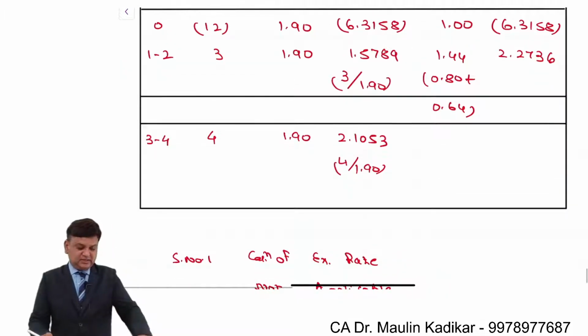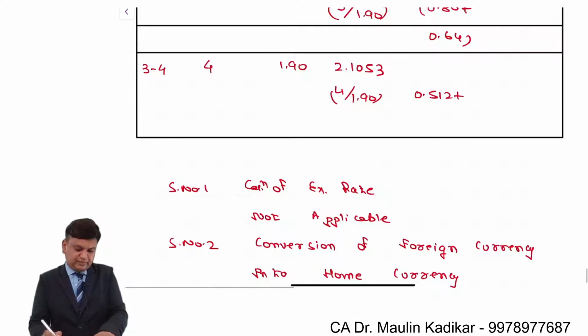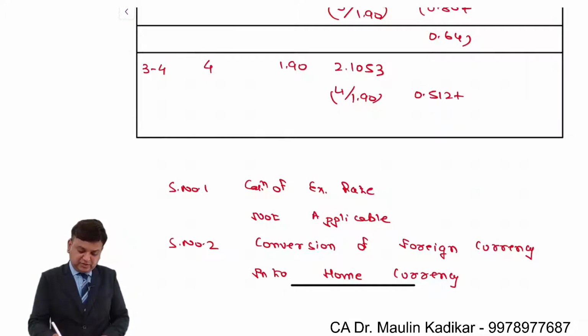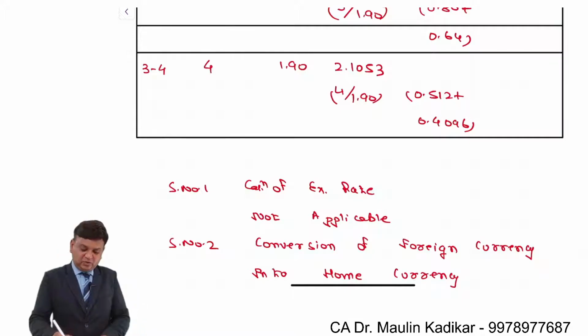The third year factor is 0.512 and fourth year factor is 0.4096. Total 0.9216.